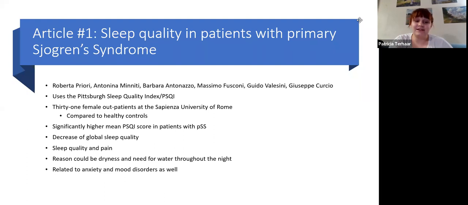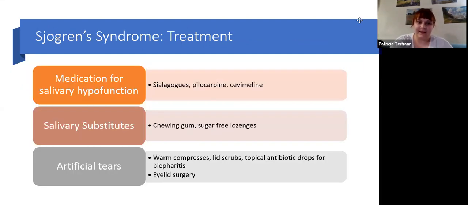Another reason was that, because it's so dry for the patient, they need water throughout the night in order to swallow and to sleep without having trouble breathing. And because there is an increase in anxiety and depression in patients with Sjögren's syndrome, they related the poor sleep quality to anxiety and mood disorders as well.